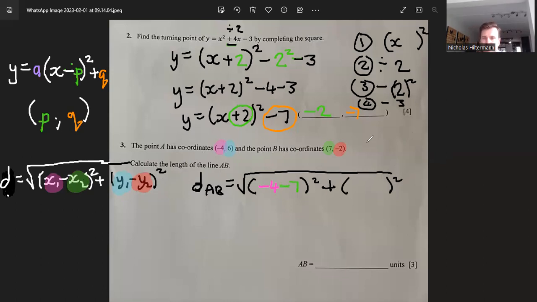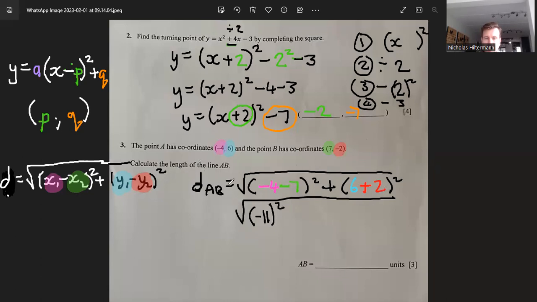And then my blue is that 6. And then the red is minus 2. Now, when I minus 2, I end up saying plus 2, right? Because minus a minus is a plus 2. Okay. And now I just carry on and put this in, right? So minus 4 minus 7 is minus 11, minus 11 squared.